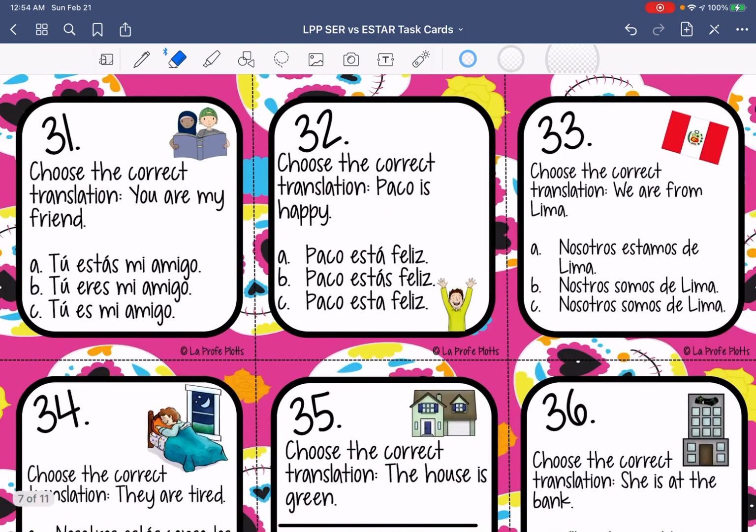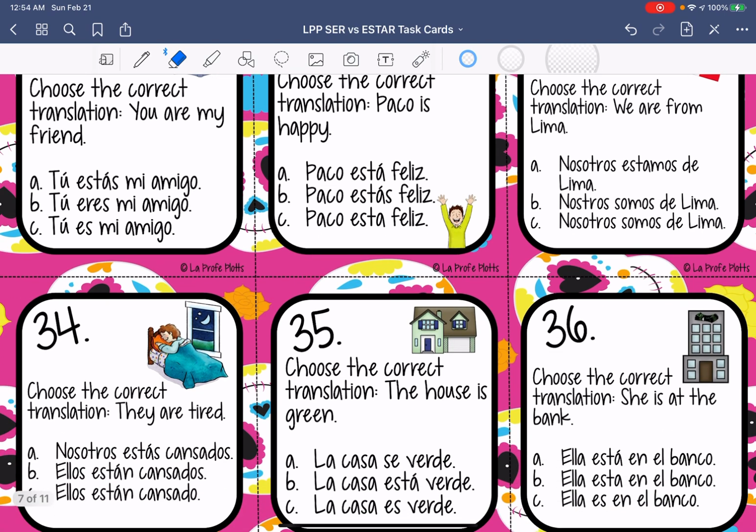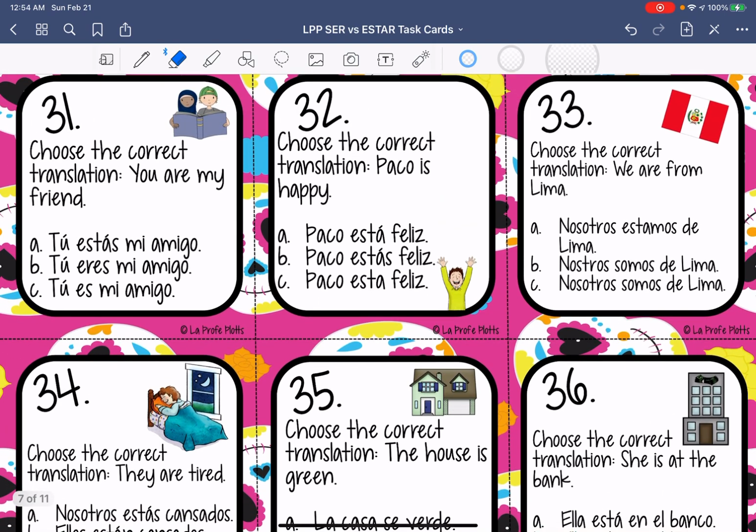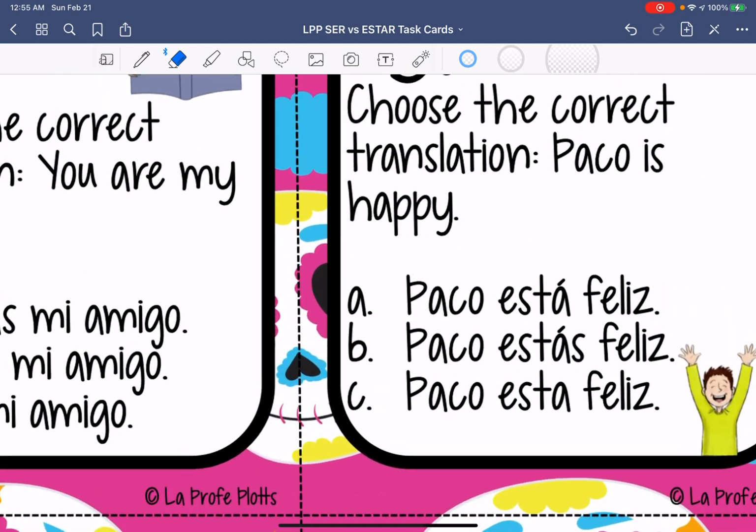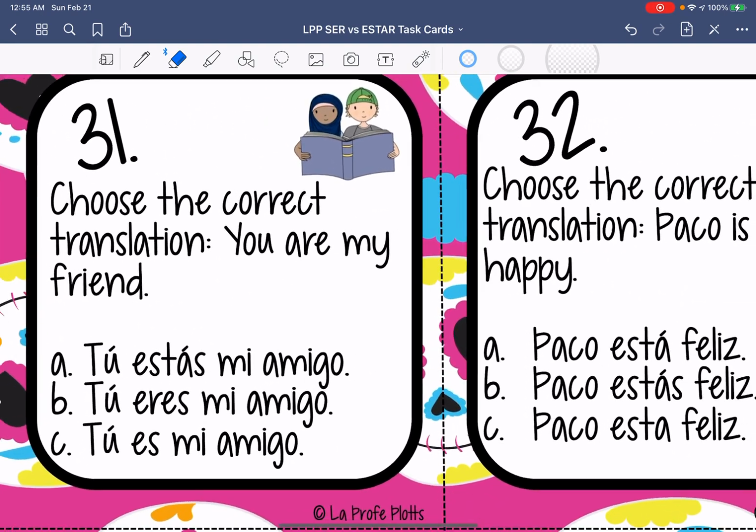Okay, 31. So for the next couple, or actually few, you are going to write the letter A, B, or C. No periods, no spaces. You're going to write the letter of the correct answer that you choose. So, for number 31, choose the correct translation.